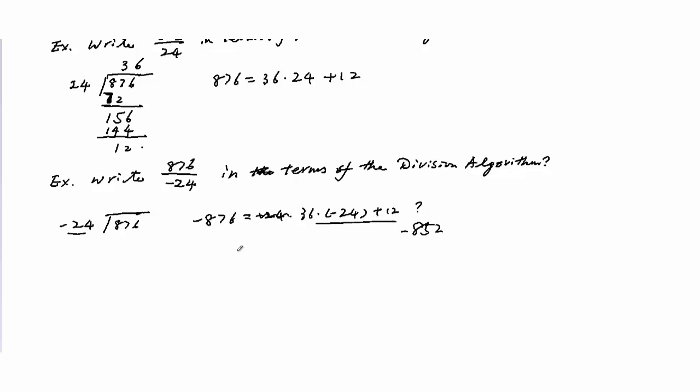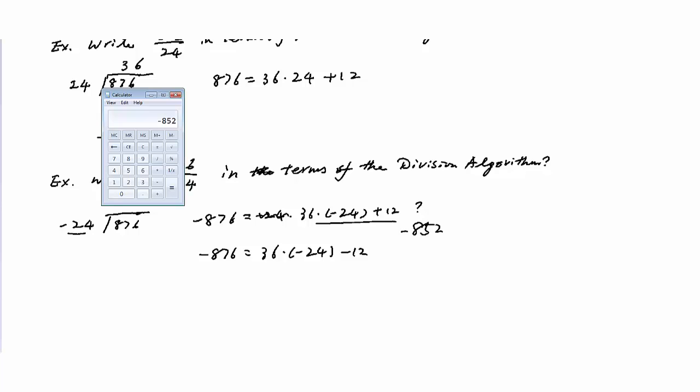So then, if you think, oh, should the remainder be minus 12? Okay. Then if you do this again, similarly, so you take 36 times 24, and then negative, minus 12, you do get negative 876.